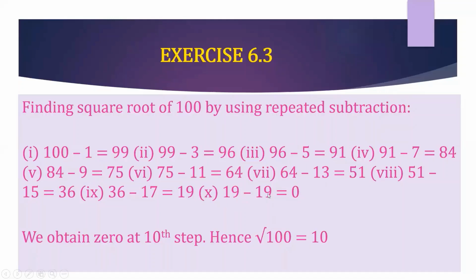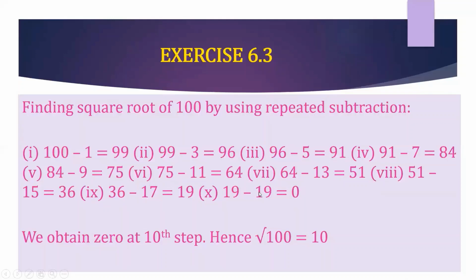And here this difference we are getting at 10th number. So square root of 100 is 10. Suppose we have 169 also, then we will proceed again with 1. We will start with 1 and then proceed with 3 and 5 and 7 and 9 and 11 and 13, then 15, then 17, then 19.